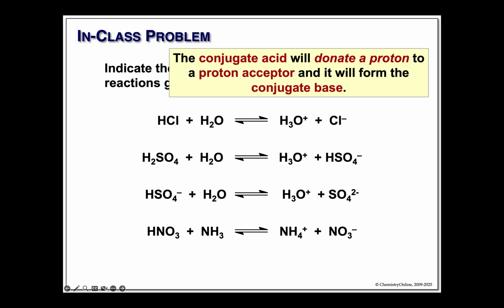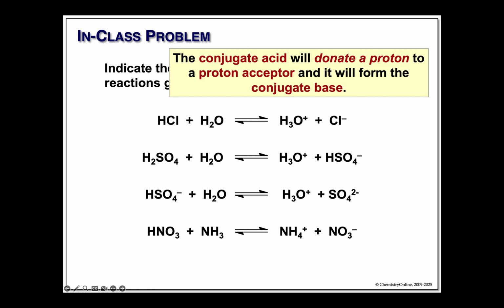Now, a Bronsted base typically is going to be water, but it can be anything that can accept a proton in the broadest sense. Here we have nitric acid. This is liquid ammonia. Turns out that liquid ammonia, a very polar molecule, has many of the properties of water.